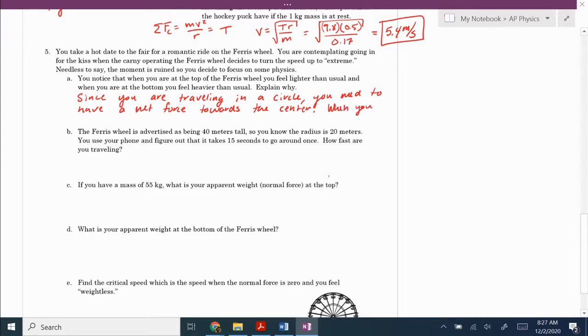When you are at the top, that means that Fn must be smaller than Fg, so you feel lighter than usual.